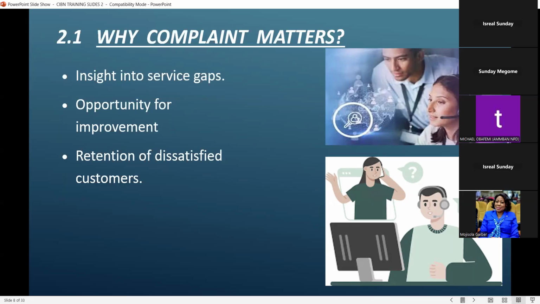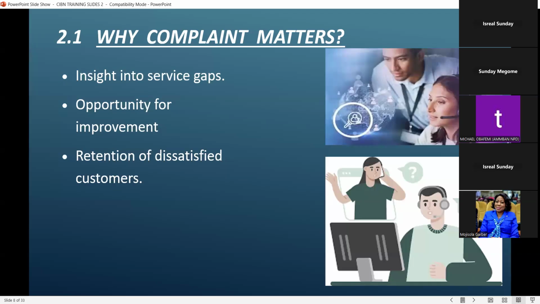And third, retaining dissatisfied customers. Remember, you listen to a customer's complaint and you're able to come back and fill in the service gap, and you look at the opportunities to improve the business. There's no way you will not retain the customer, because the customer must have seen how you have gone through the process. Okay, this is what this organization did.